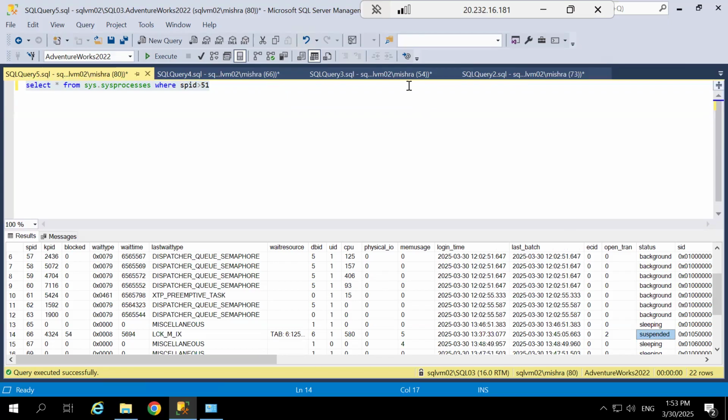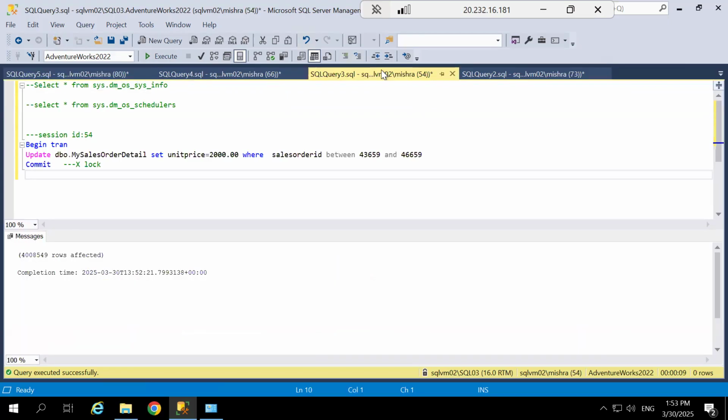Because the matching rows, that is how much it is, 40 lakhs 8,545, 49 rows were exclusively locked by this transaction. It means that this transaction exclusively locked all these rows, right?